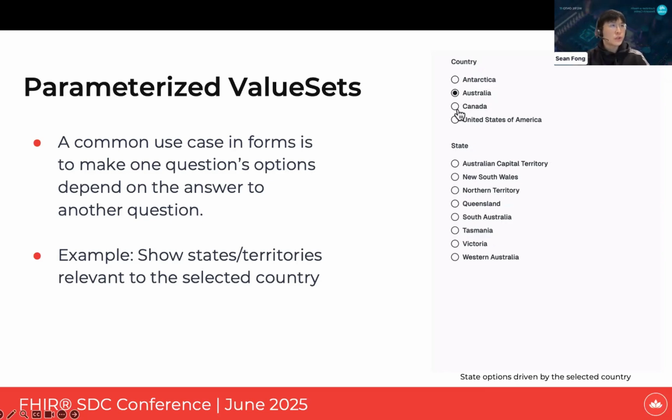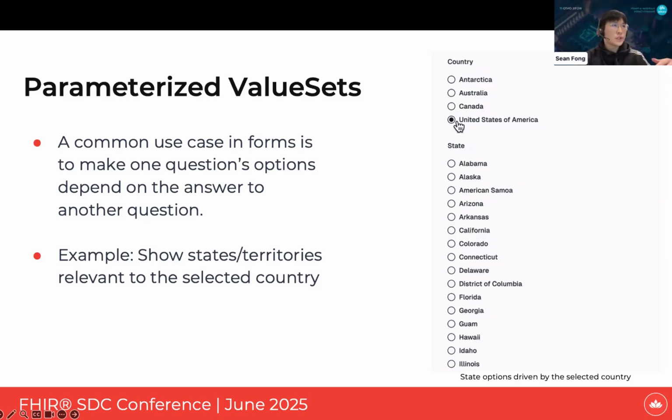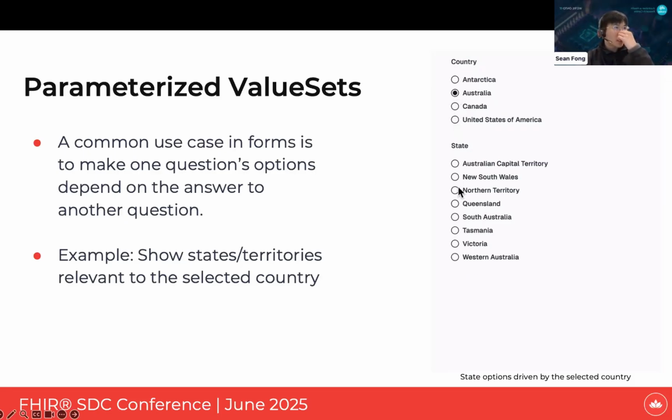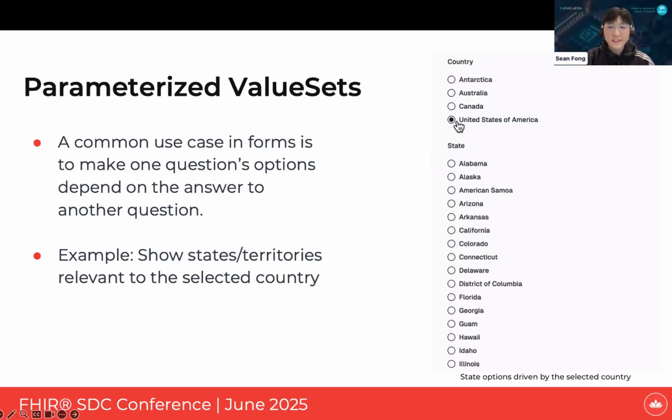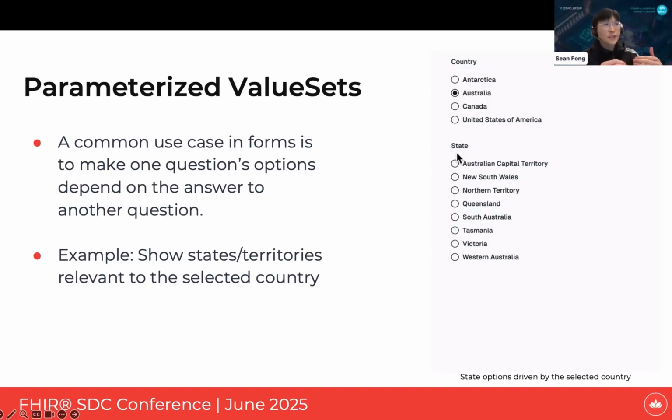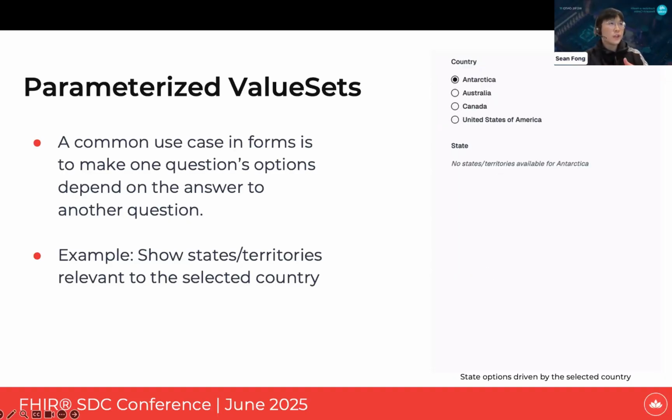If I click on Australia, it gives me the Australian states. If I click on Canada, it gives me the Canadian states, US, the US states, and so on. Sorry, Canadian provinces and territories, not states. They don't have states there. For the sake of contrast, I also throw in Antarctica, which is not a country and therefore doesn't have any states.